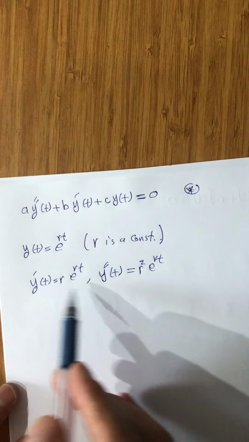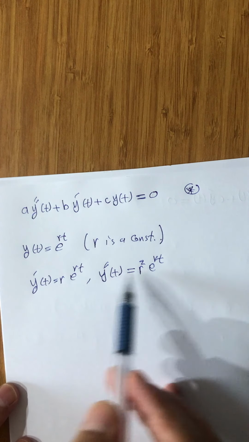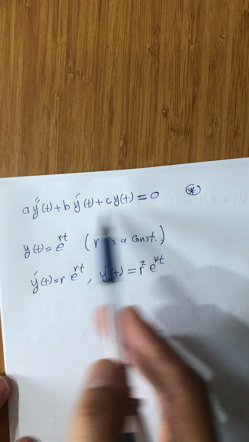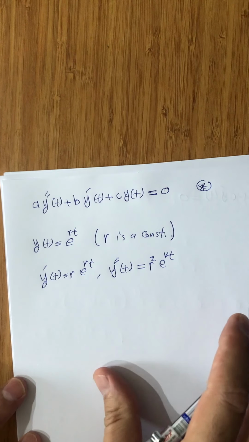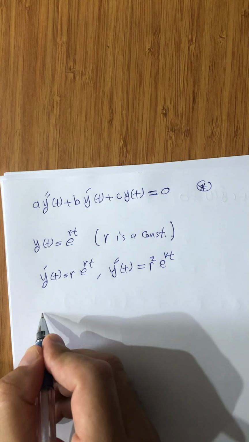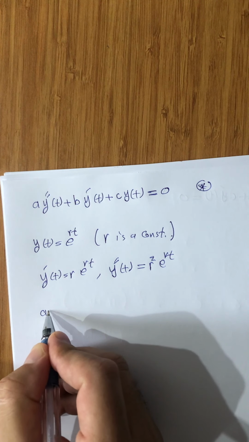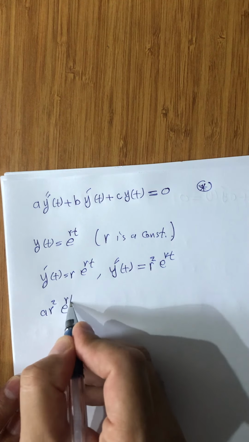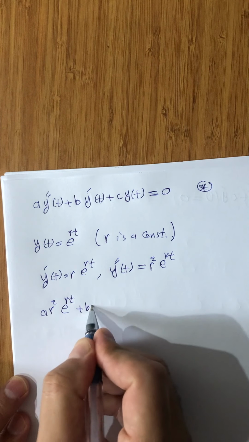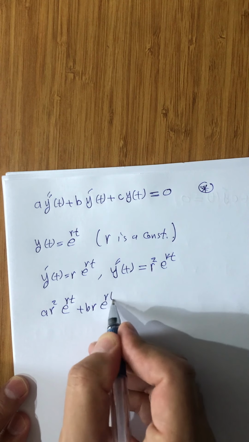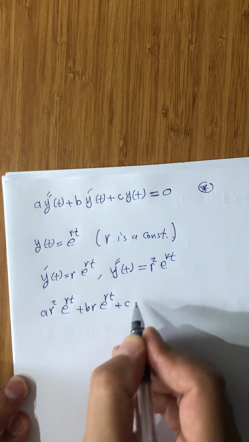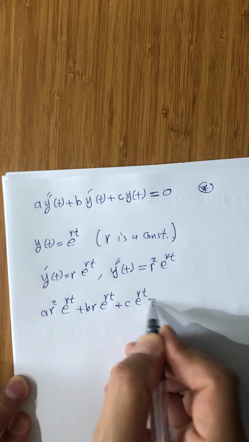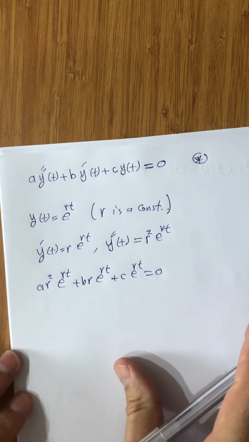Let us substitute these into equation star. Then we get a r squared e to the rt plus b r e to the rt plus c e to the rt equals 0.